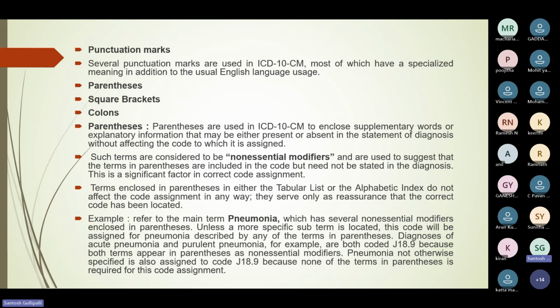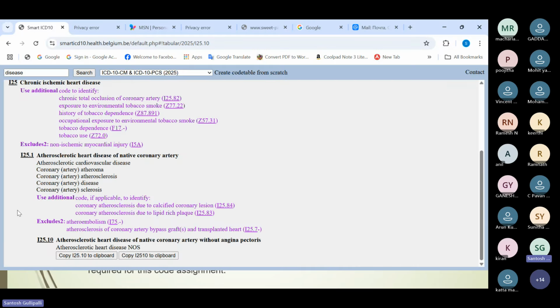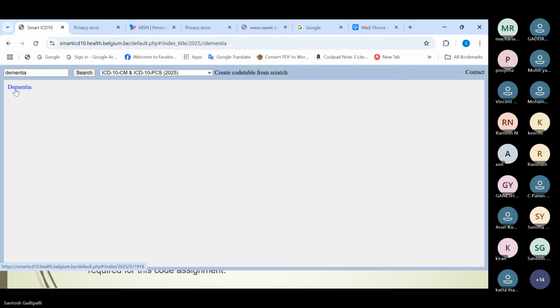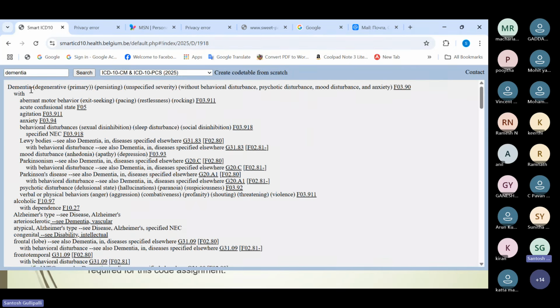Sometimes, I will show you. In dementia, in brackets, some slanted brackets are there, right? Degenerative, primary, persisting dementia, unspecified severity dementia, dementia without behavioral disturbance, dementia psychotic disturbance, dementia mood disturbance, dementia and anxiety.